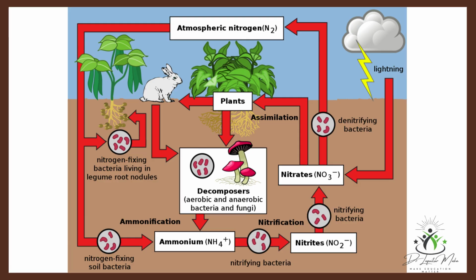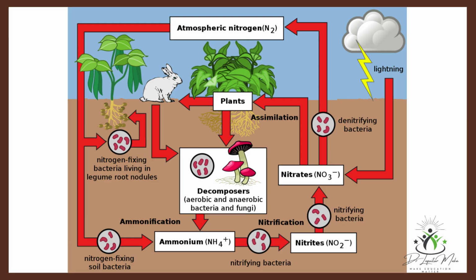Let's have a look at the other stage now, the assimilation. So primary producers, which are plants, actually take in nitrogen compounds from the soil with the help of their roots, right? Now these are basically available in the form of ammonia.